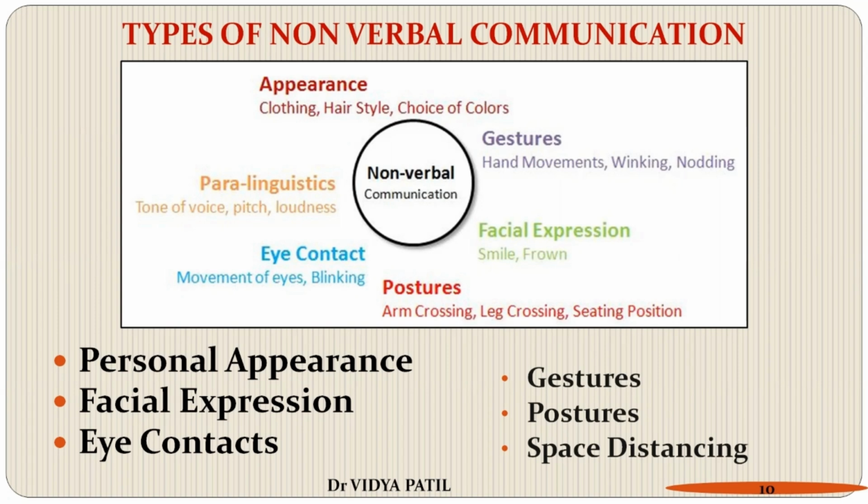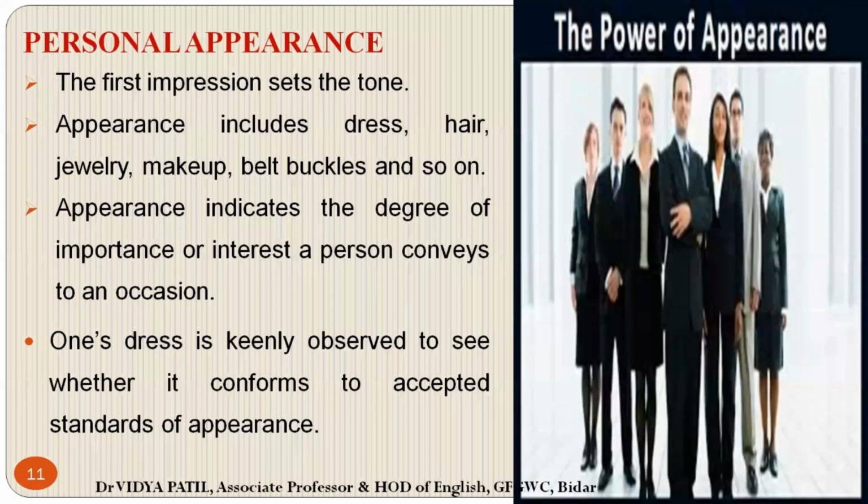Paralinguistics refers to the tone of voice, the pitch, the loudness with which you speak, and how the message is being conveyed. So, let us now try to understand each of these in detail.